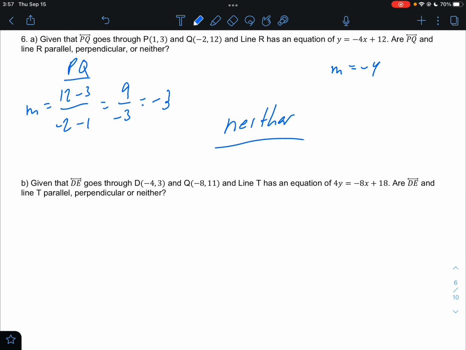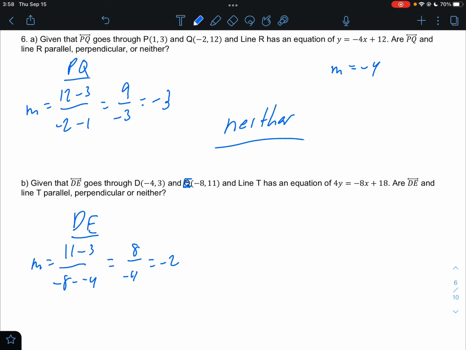Question B. This is supposed to be an E right here. Sorry about that. So our lines DE and line T, parallel, perpendicular, neither. All right, so let's do DE first. So the slope of DE would be 11 minus 3 over -8 minus -4, which is 8 over -4, which is -2.